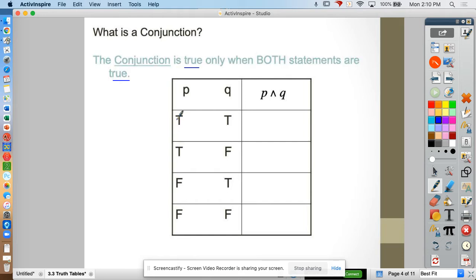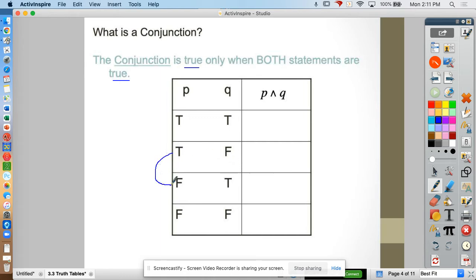P can be true and Q can be true, P can be true while Q is false, P can be false while Q is true, or P can be false while Q is false. Each one of these is a different outcome.